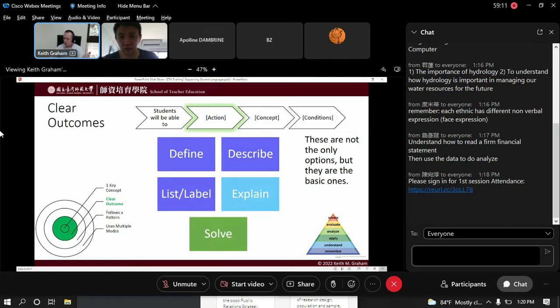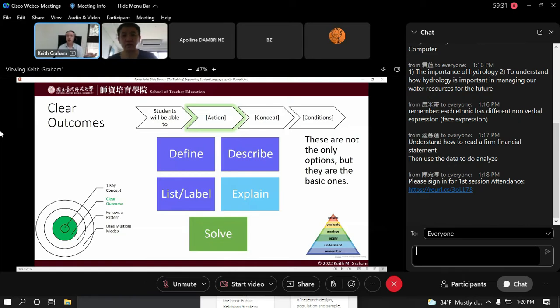Another example, I'll do the facial expressions. Students will be able to describe the facial expressions, the nonverbal expressions of different ethnic groups. Okay, that may be your outcome.